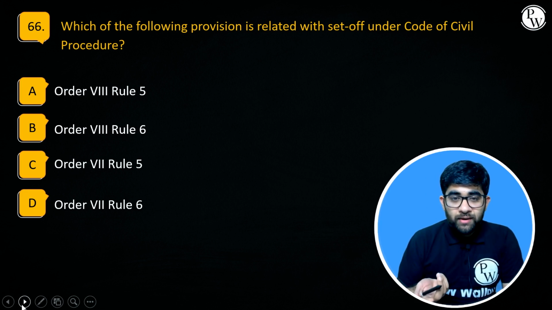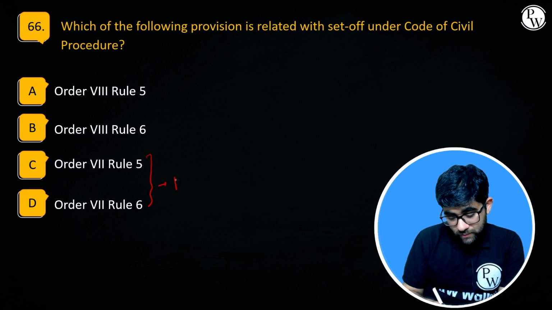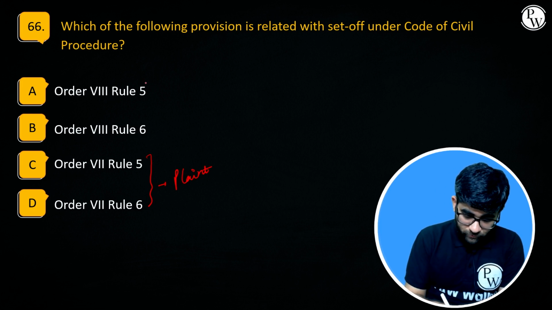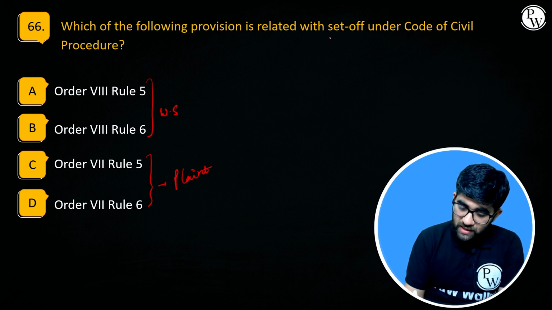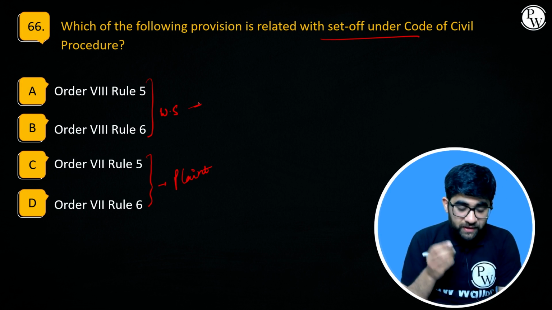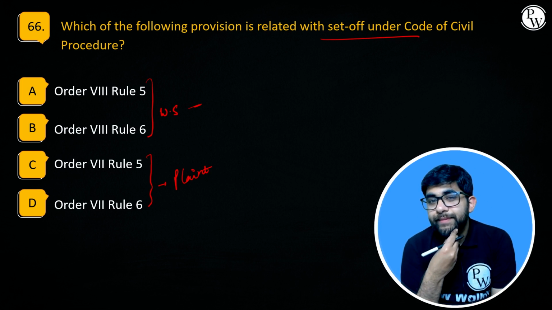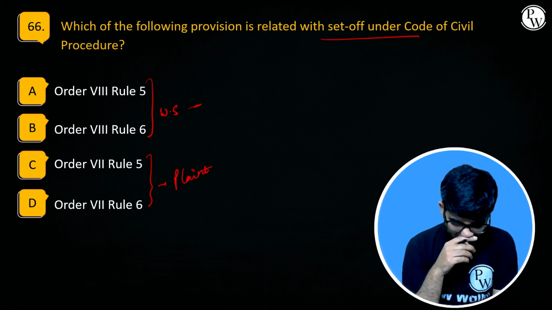See, Order 7 is the plaint. This is the WS. Set-off is in the WS. The answer will be between these two. So the answer is Order 8 Rule 6.